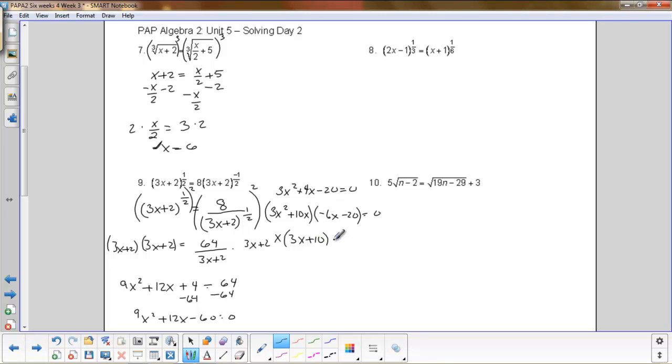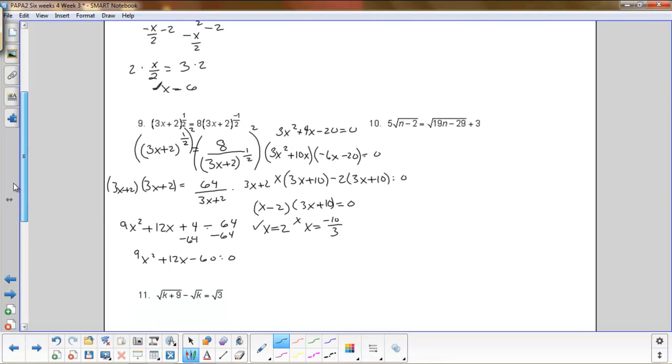Take out your common factor of negative 2: leaves you 3x plus 10. And now I've got x minus 2 and 3x plus 10 equals 0. I'll have x equals 2 as one solution and x equals negative 10 over 3 as my second solution. Checking for extraneous solutions, 2 works, and negative 10 thirds does not.